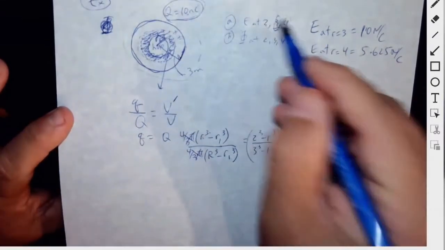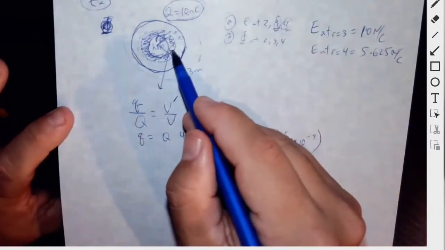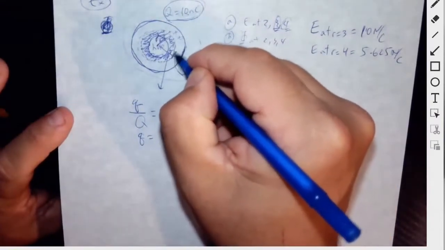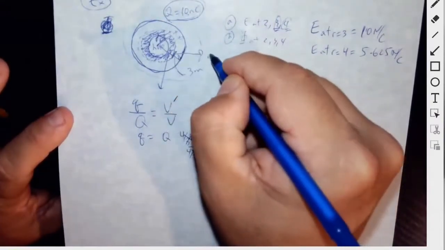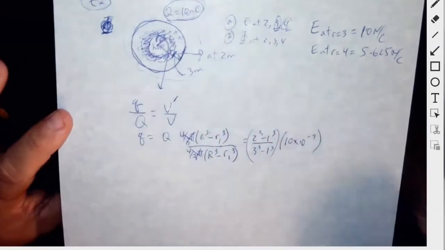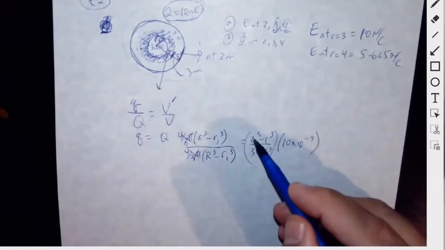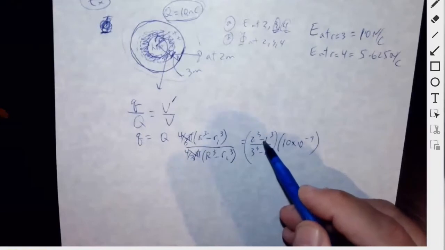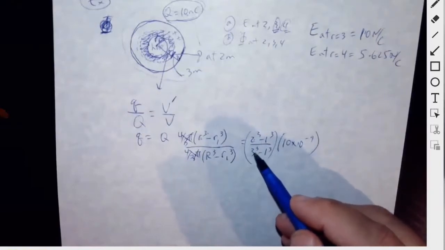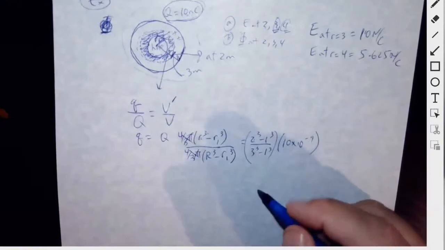And now I want to find the electrical field at 2 meters. So the question is asking, what is the electrical field at 2 meters? See where those numbers are coming from? So this is the radius of the Gaussian surface where I'm at, minus the inner radius, the hole radius, and this is the sphere's radius.